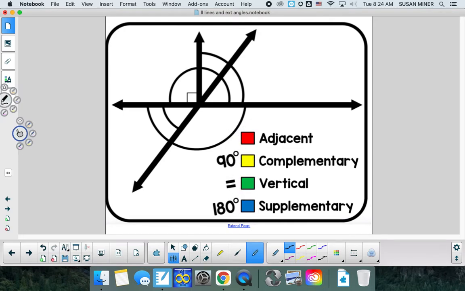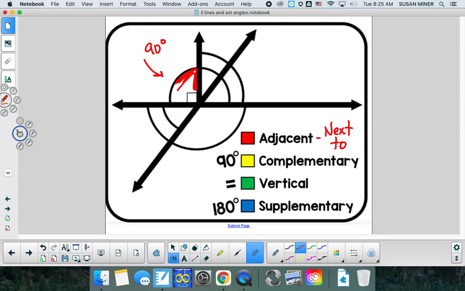We're going to do a little bit more vocabulary. This is just review from 7th grade. Some things that we need to remember about angles. The word adjacent, if I live adjacent to someone, I live next to. And so adjacent angles are just next to each other. Here is our nice 90-degree angle.